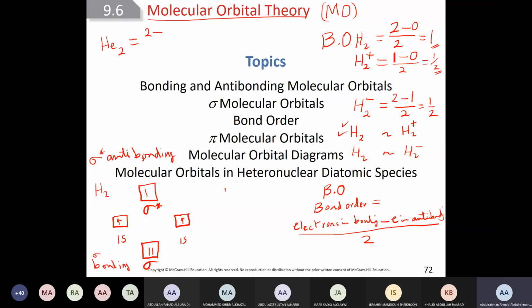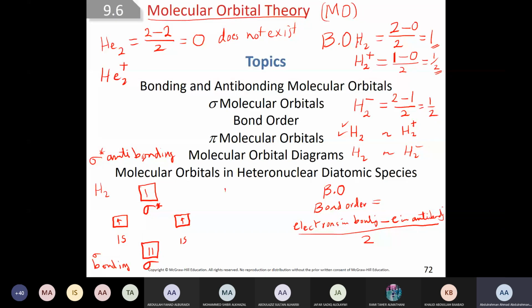We have 2 in bonding, and how many in anti-bonding? 2. 2 minus 2 divided by 2 is equal to 0. So how many bonds are there between He and He? No bond. That's why it does not exist. So, doctor, we cannot have a He2 molecule. Yes. Okay. How about He2 plus?